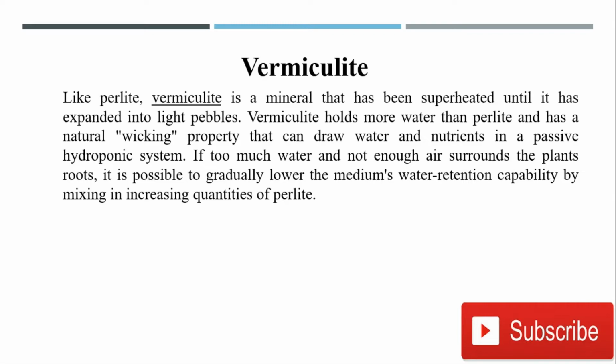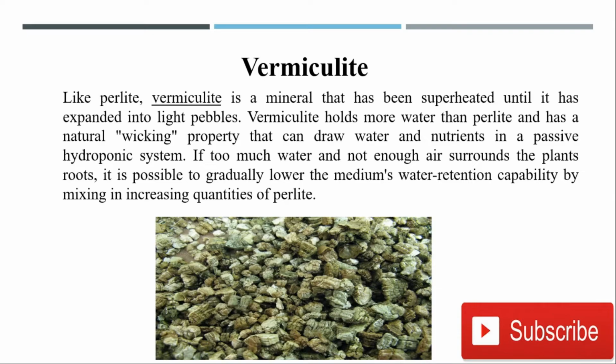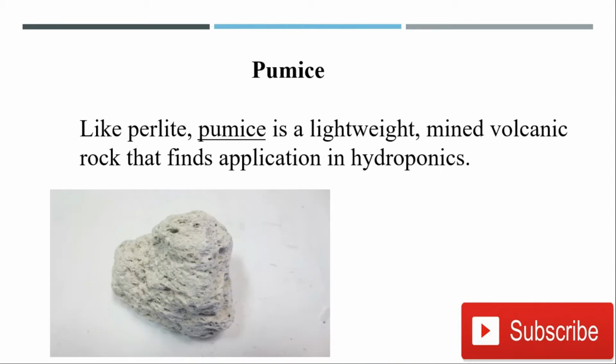Gradually lower the medium's water retention capability by mixing in increasing quantities of perlite. Based on its characteristics, it is also a medium we can use for hydroponics. This is an example of the vermiculite medium, a substrate that we can use to grow the plants very easily and effectively.